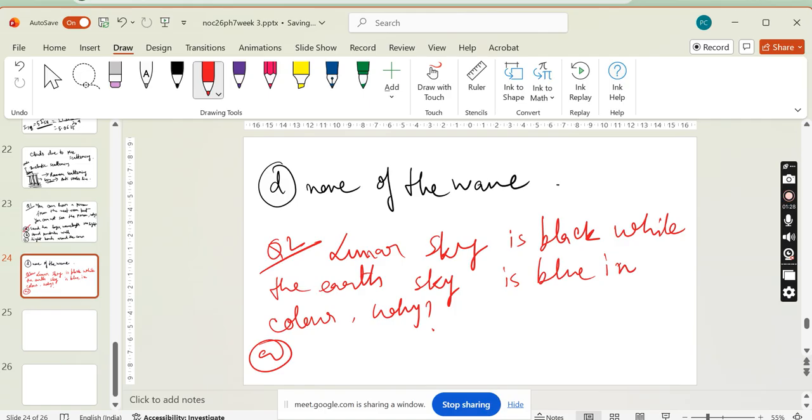That's why Rayleigh scattering happens, and that's why we see the blue light. But the moon doesn't have an atmosphere. That is why there is no scattering. The persons or machines who journey on the moon see a black sky.